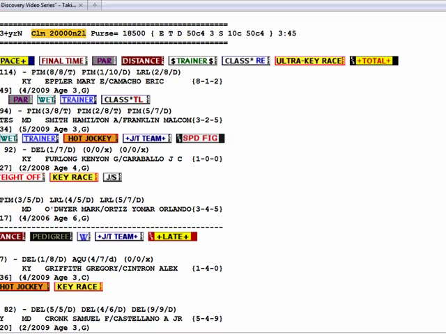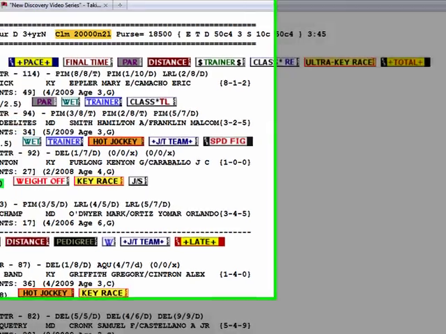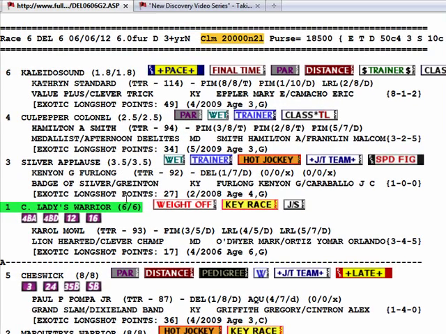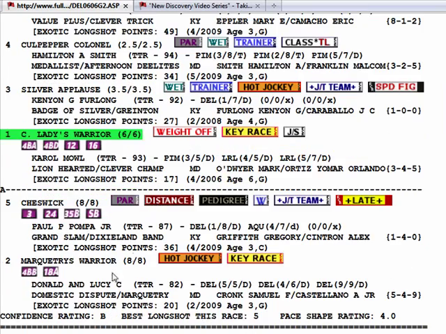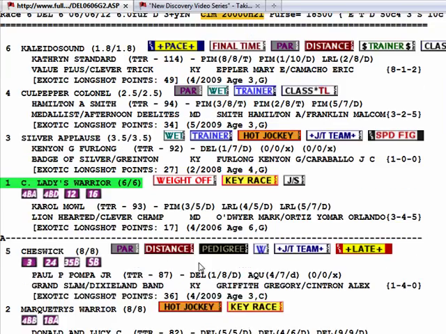Now, okay, we've isolated C Ladies Warrior based on the fact that she's being let go at overlay odds. What's going on with the horse? The first thing I'm going to talk about is the weight off icon. You're going to notice there's no other horse in the race that has that icon.